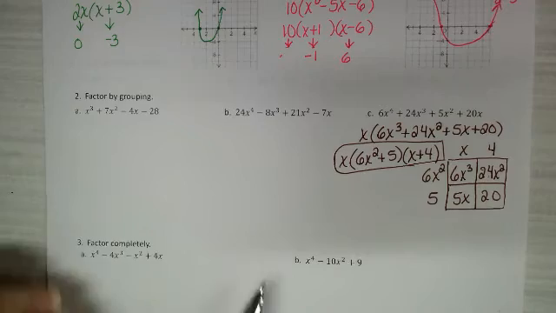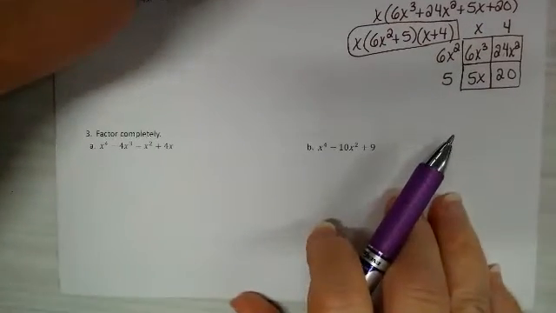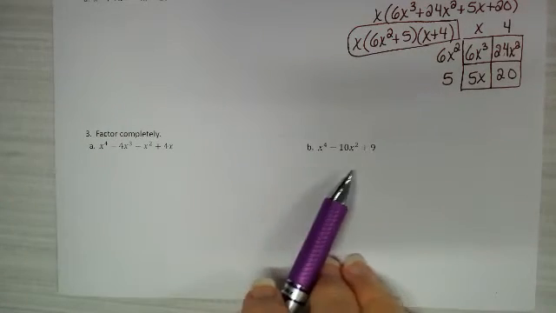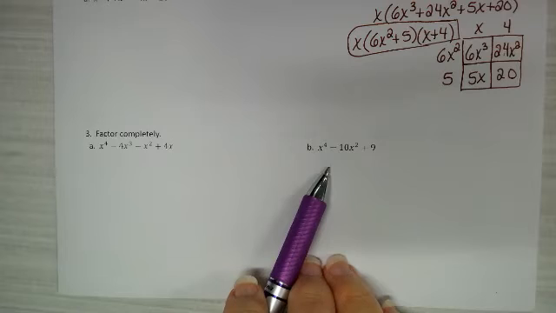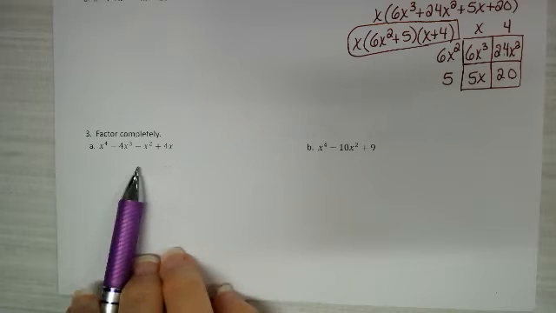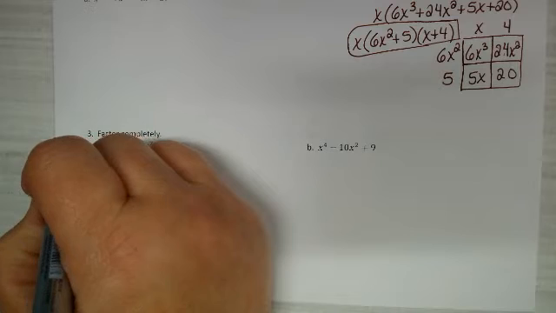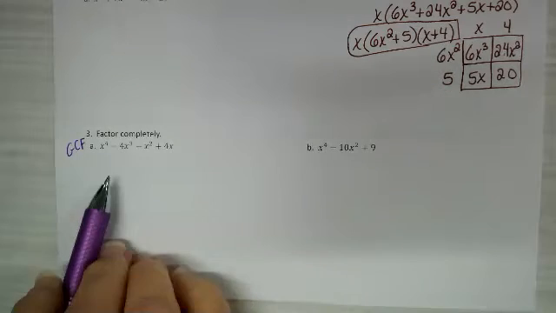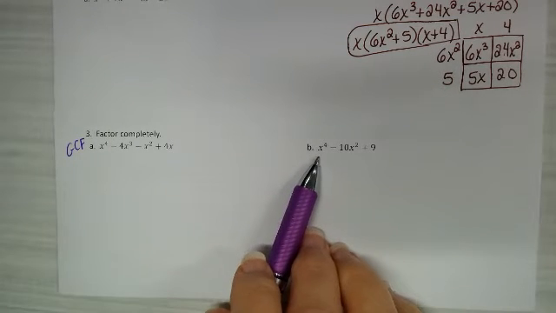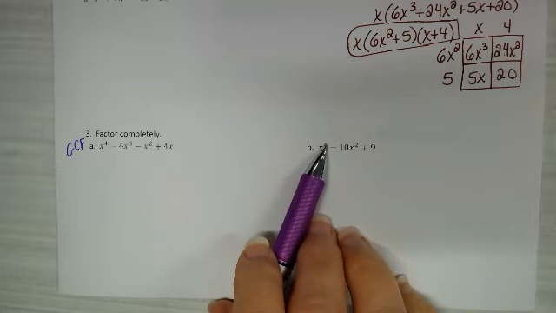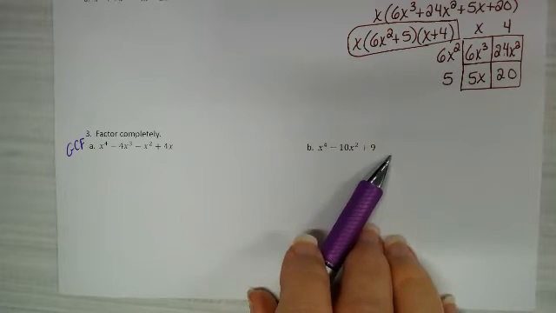Now, number 3. This brings us something kind of new. I'm going to take this one, letter B. Because this one is still, 3A is still grouping, but be careful to notice it does have a GCF when you come back to it. But letter B, we haven't had to factor like x to the 4th minus 10x squared plus 9.